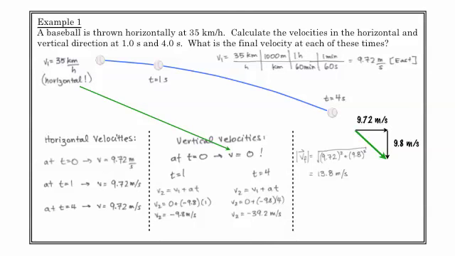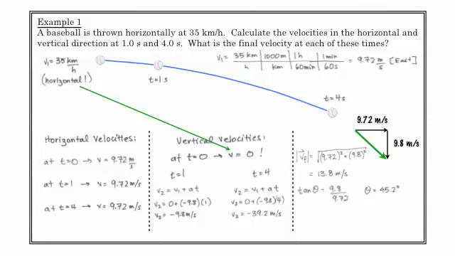We can also find the angle that this velocity would be at. Tan theta equals 9.8 over 9.72. And if we take the inverse tan of that ratio, we find that the angle theta is 45.2 degrees.